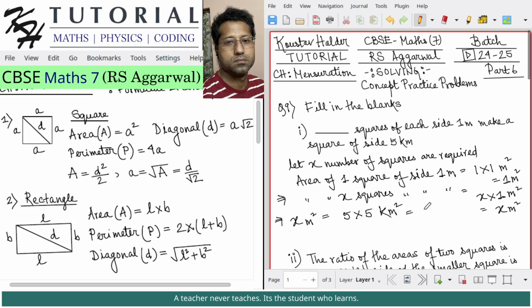So this is 25 kilometer square. Now what will be 25 kilometer square as meter square?